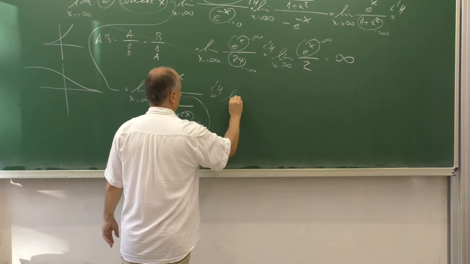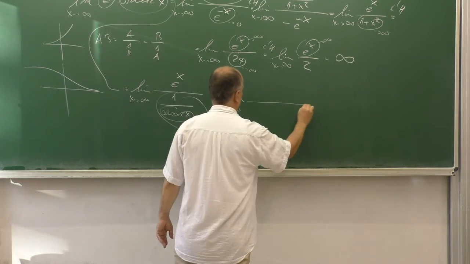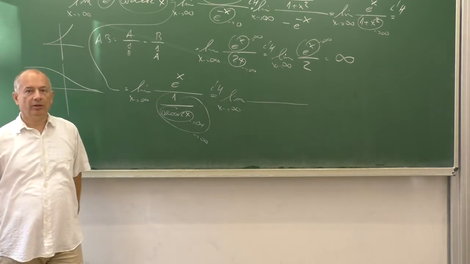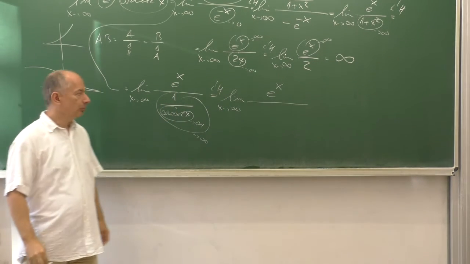To get the limit for x approaching infinity. Now, differentiating the numerator will be very easy. The derivative of e to x is e to x, right?